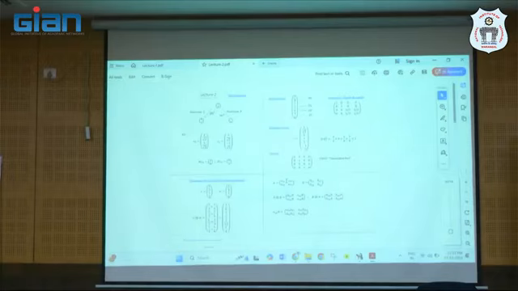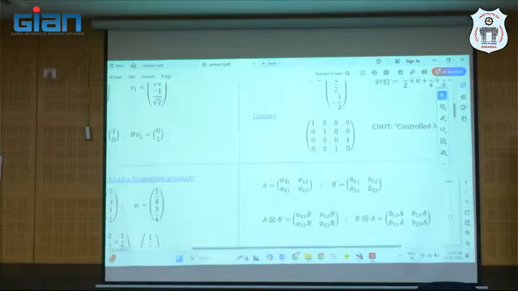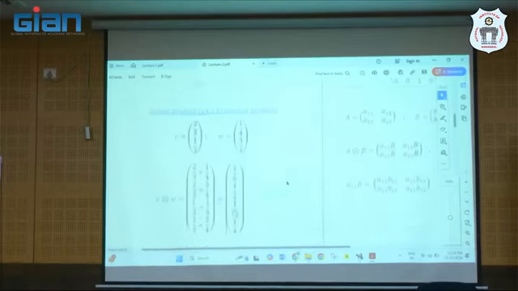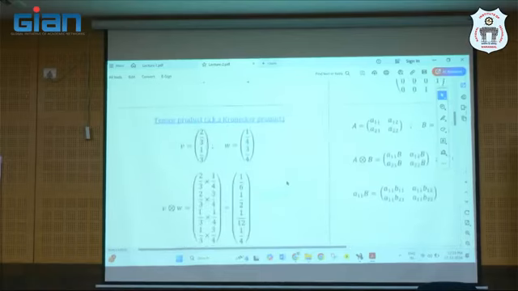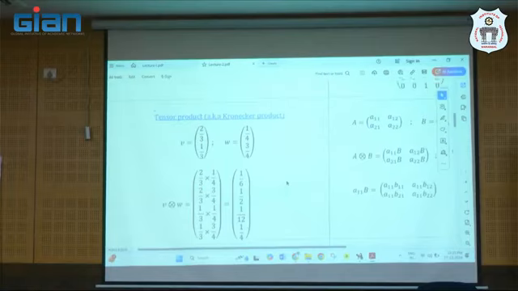Okay. Now let us get to the concept of tensor products. It's a very important concept for us to consider the multi-qubit systems. Suppose I have one qubit system V, 2 by 3, 1 by 3.